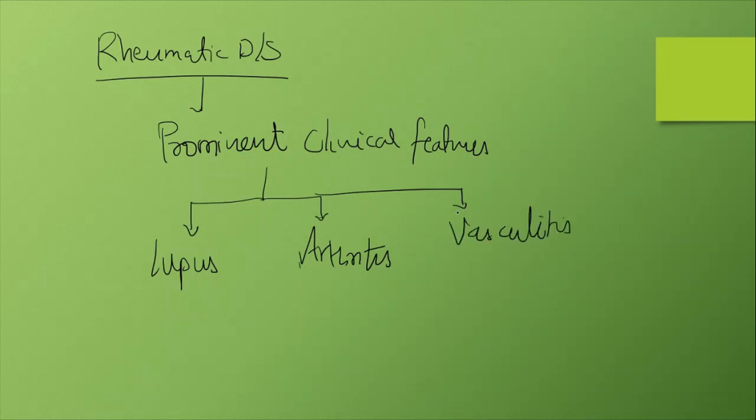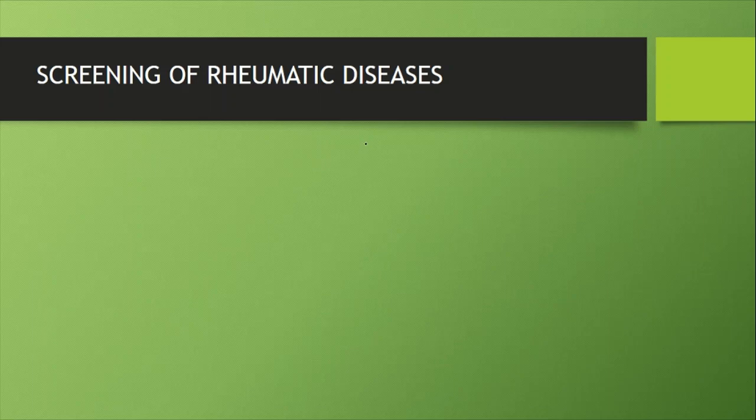But before going to each of them, you need to be confirmed that this is a rheumatic disease. So how do you do that? You do that using a screening test. What is the screening test to know that it is a rheumatic disease? The screening test which we use is the anti-nuclear antibody, ANA.